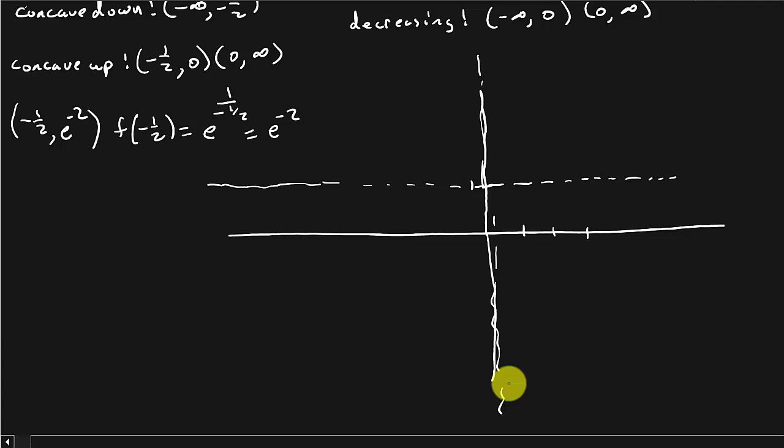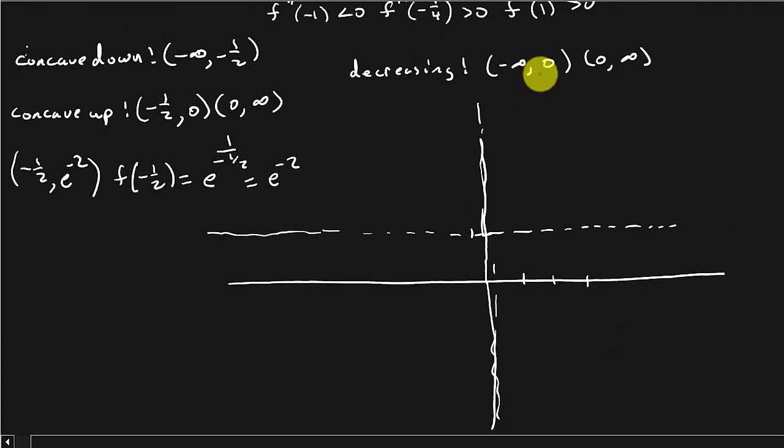All right, so what is this thing doing? Well, from -infinity to 0, this thing is decreasing. And then we know here we've got -1/2. Let's plot that point there, -1/2, e to the -2.